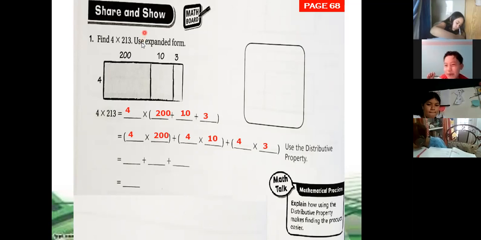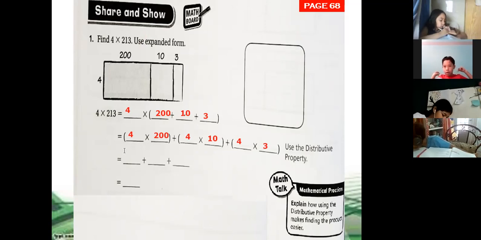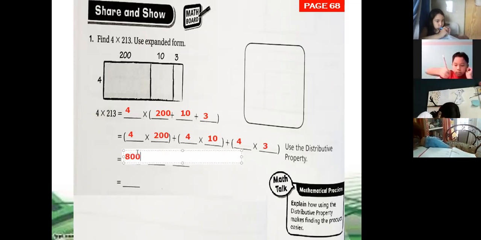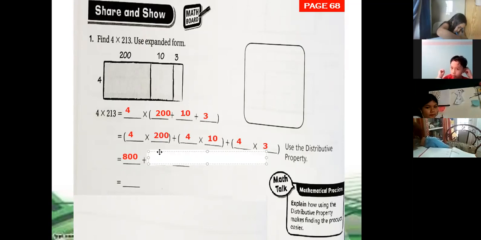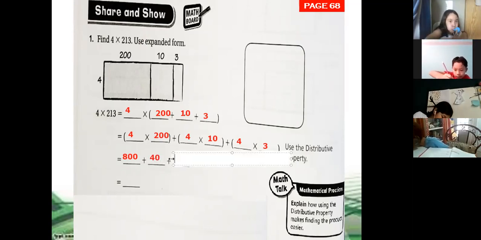What is the answer of 4 times 200, class? 4 times 2 equals 8, and we copy 2 zeros. 800. What is the answer of 4 times 10? 40. And 4 times 3? 12. Excellent, Mia. Now we have the partial products.